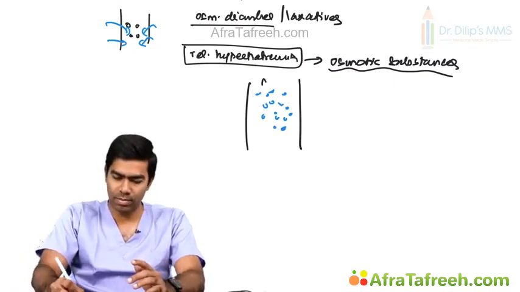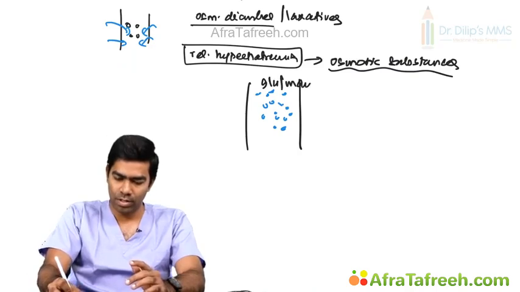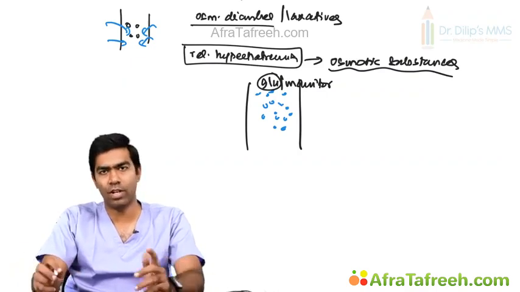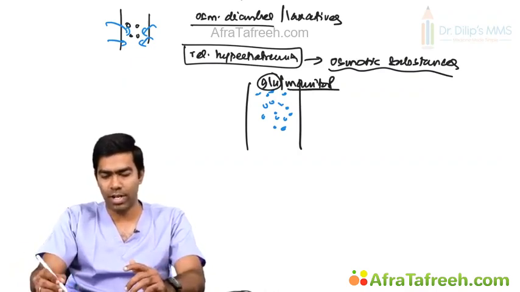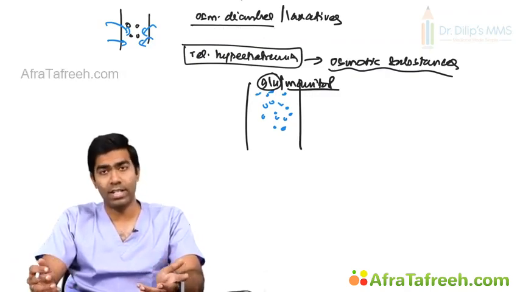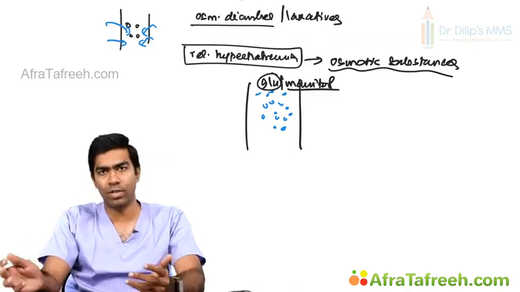For example, let us take glucose or mannitol. I told you glucose, especially in the absence of insulin, will stay in the ECF only, will not enter the ICF. And mannitol, obviously, is an ECF substance, it never enters the ICF. So glucose and mannitol are in the intravascular compartment only, they will not go even into the interstitial fluid.